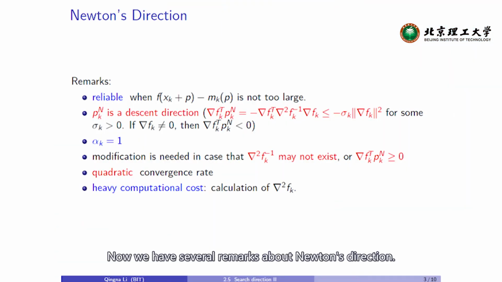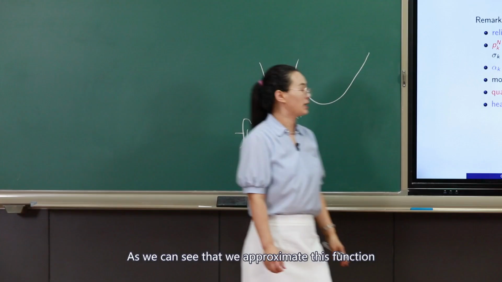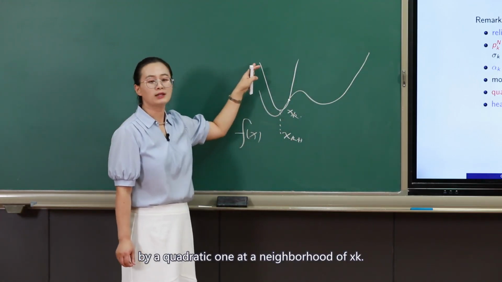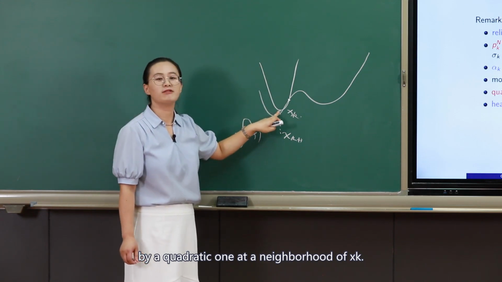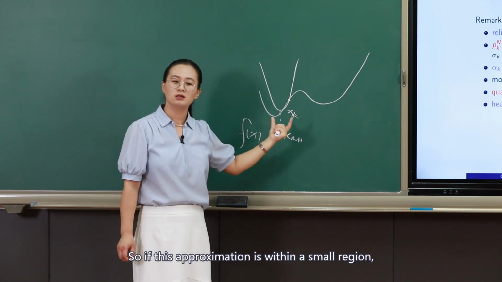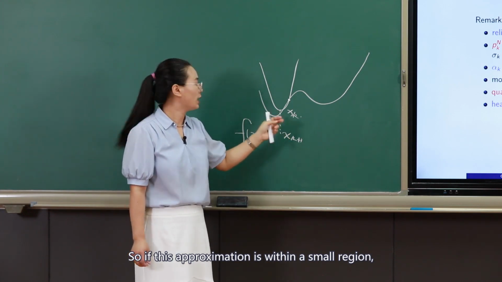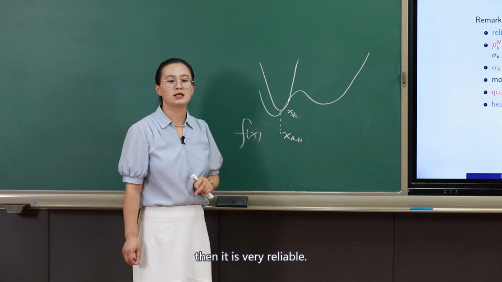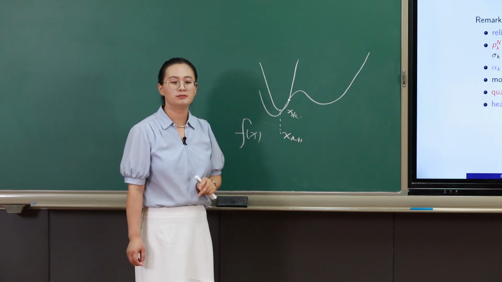Now, we have several remarks about Newton's direction. As we can see, we approximate this function by a quadratic one in a neighborhood of x_k. If this approximation is within a small region, then it is very reliable.